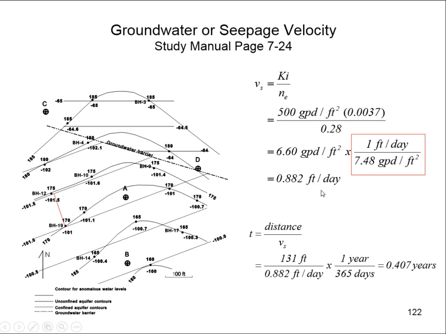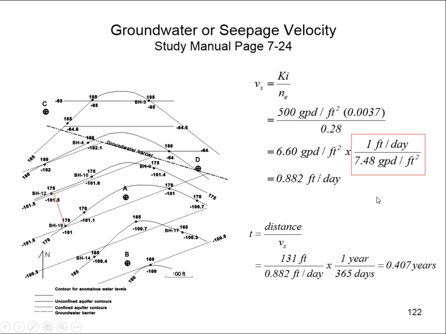I want feet per day, so I'm going to convert that. And I need this conversion factor. It's in a red box because it was not given to people on a previous exam, and that's really not fair. So I want you to know it. It will come in handy in another way that we'll get to a little bit.